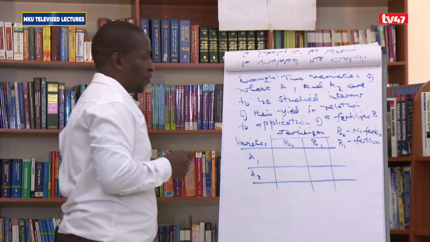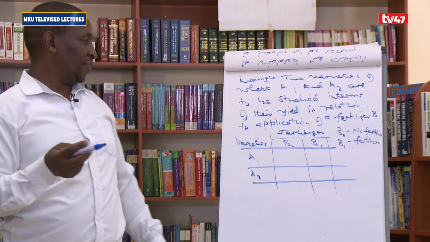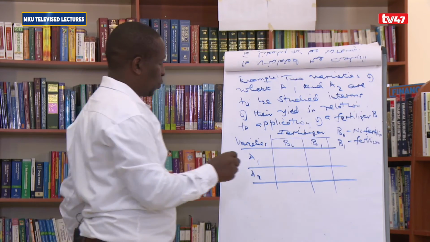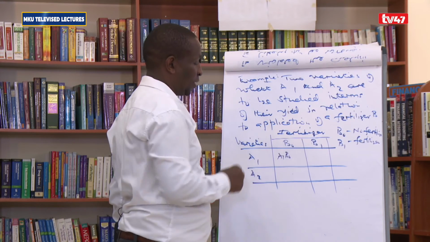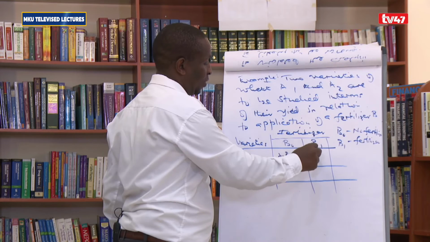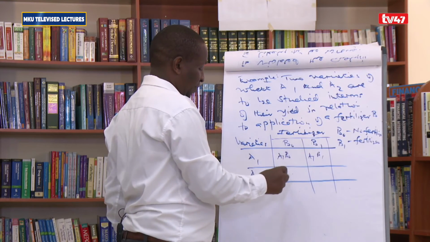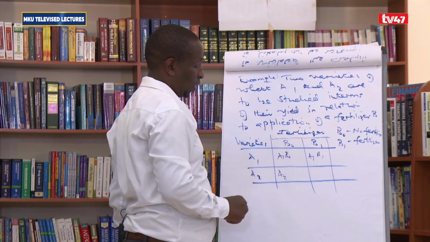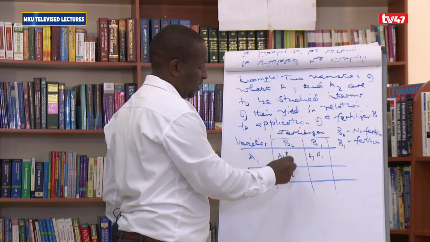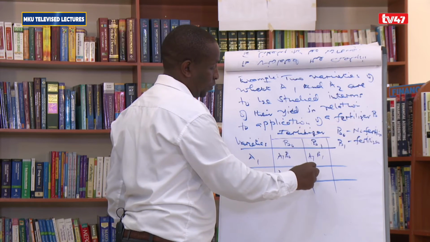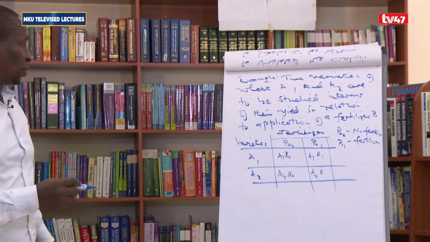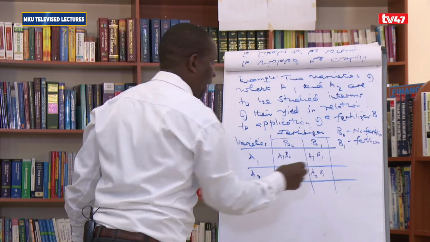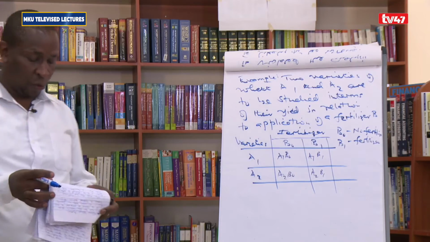So the 2 levels of the fertilizer are no fertilizer and fertilizer applied. Then we would want to find out the effect of variety A1 with no fertilizer, variety A1 with fertilizer, variety A2 with no fertilizer, and variety A2 with fertilizer. This is an example of a closed experiment or a factorial experiment.